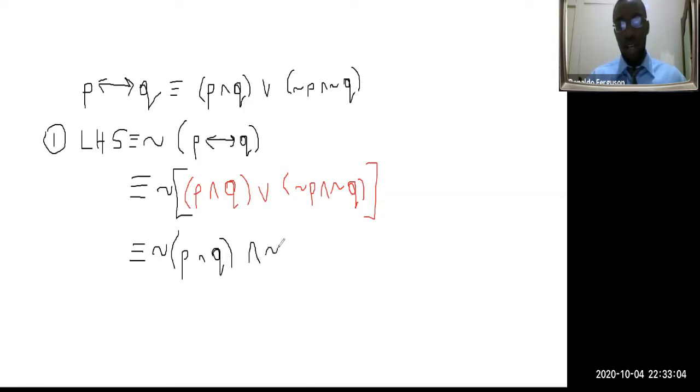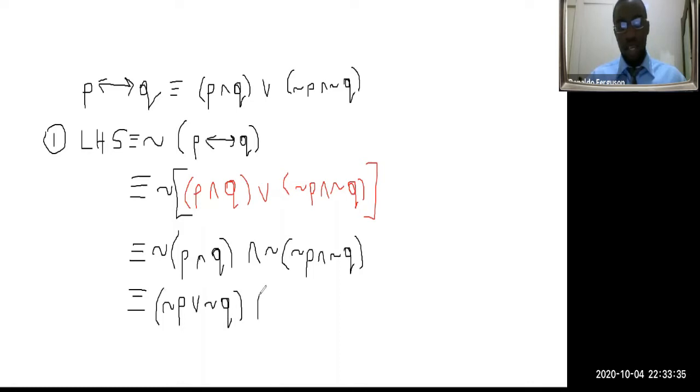Then we're going to get and the negation of P and the negation of Q. And so what we're getting now is that the negation of this part becomes the negation of P, and then the negation of the and becomes or, then we have the negation of Q. So that's what this side works out to be.